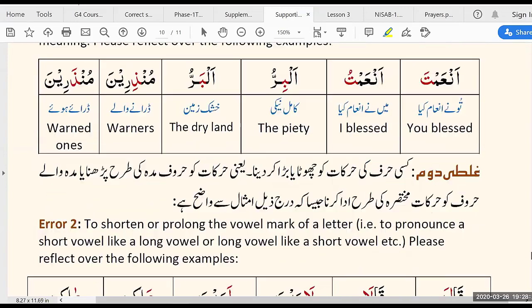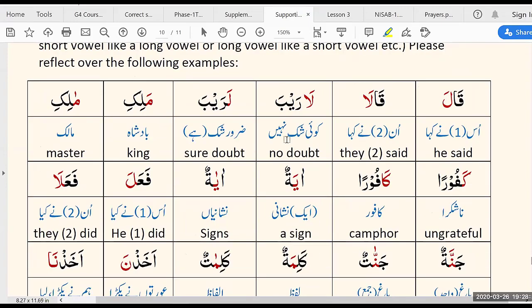So if we go down, here we have a word, la raiba, which means no doubt. If we were to recite this word as la raiba with a different length, it would mean there is a doubt. This wouldn't just change the meaning of the word when we are reciting the Holy Quran.